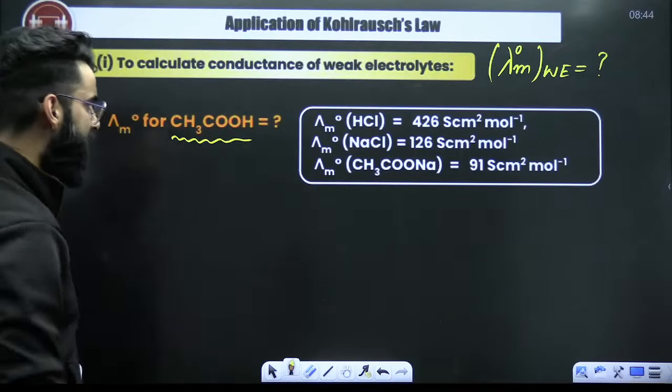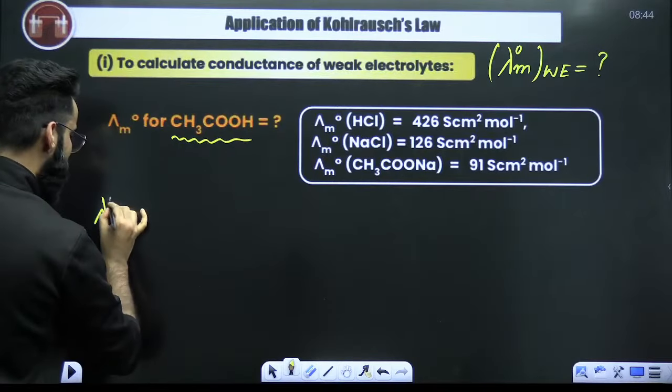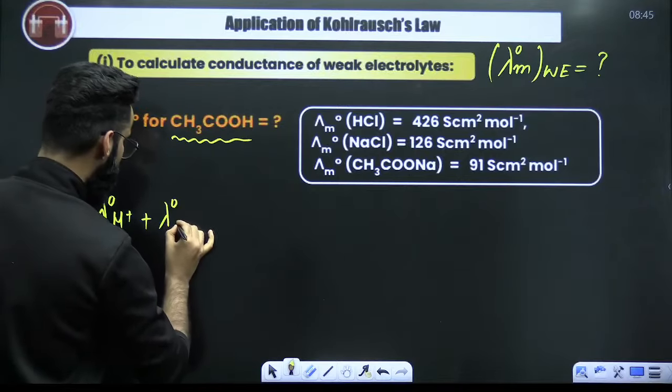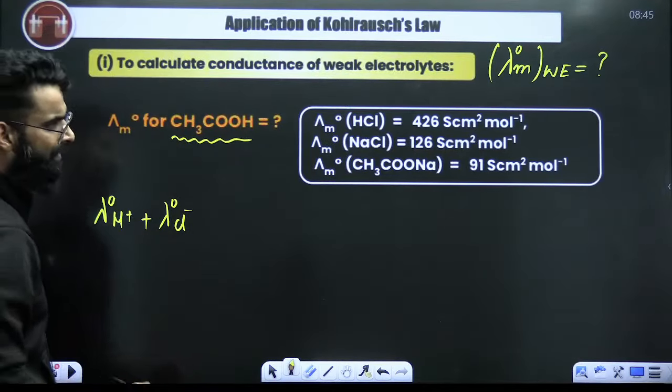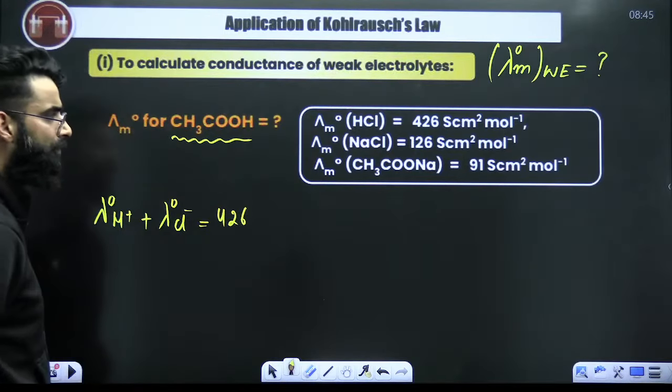First of all, lambda naught M of HCl I can write as lambda naught M of H positive plus lambda naught M of Cl negative, because stoichiometry is 1:1. And this value is already given to me as 426 S cm square per mole.